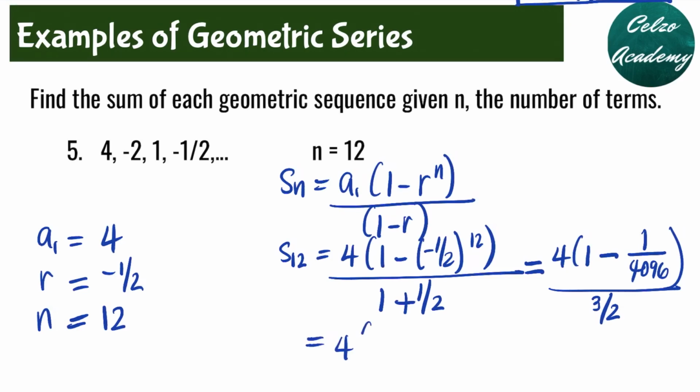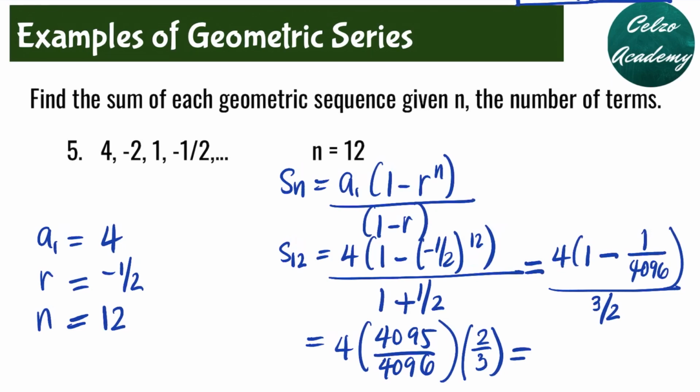Simplifying this, we have 4 times 1 minus 1 over 4096 is 4095 over 4096, because you're only subtracting 1 over 4096. Multiply this by the reciprocal of 3 over 2, which is 2 over 3. Using your calculator, just multiply 4, 4095, and 2.